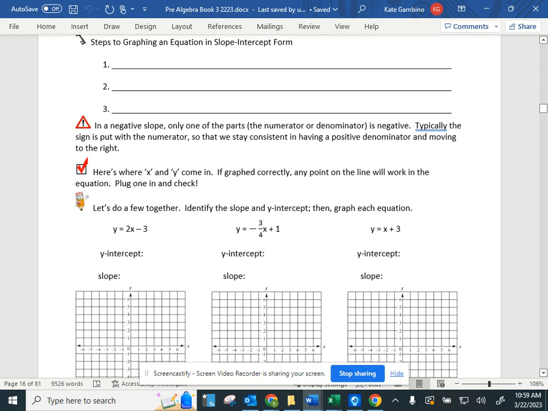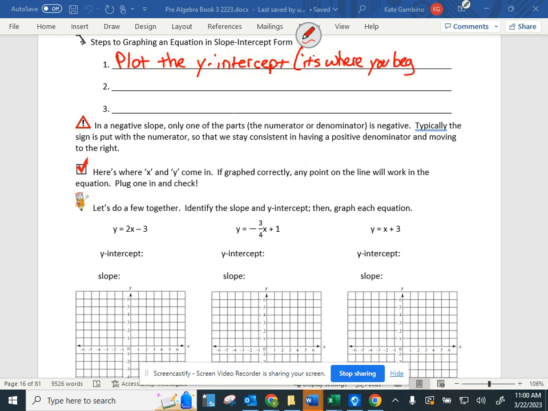So first step, you're going to plot the y-intercept. It's where you begin. Mr. Schultz came up with his reasonings for why we have the letters that we have.